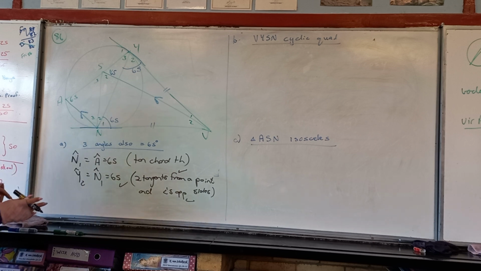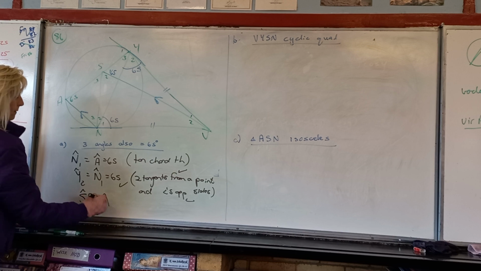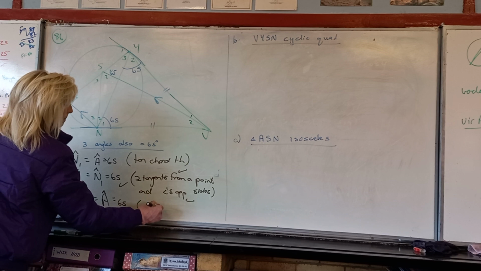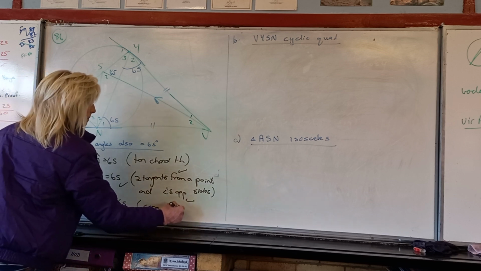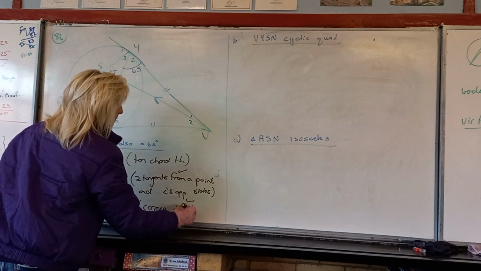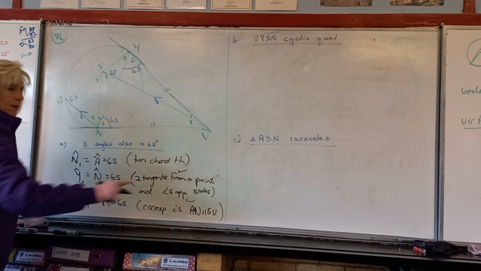Then the other one that we got was S1. What was S1 equal to? It equals AY, corresponding. Because of that? AN parallel to SC. You will not get the mark if everything is not here.